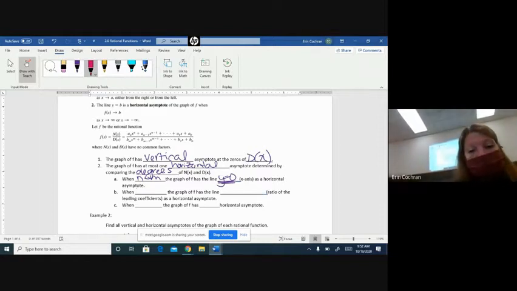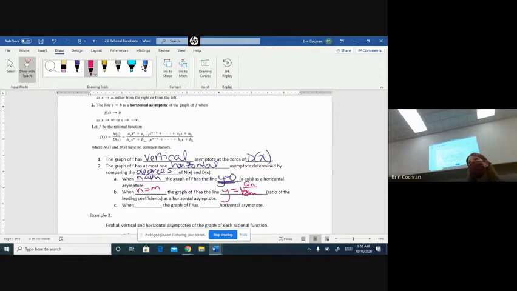When n equals m, so the degree of my numerator equals the degree of my denominator, the graph of f has the line y equals a of n over b of m. That's the ratio of your leading coefficients.